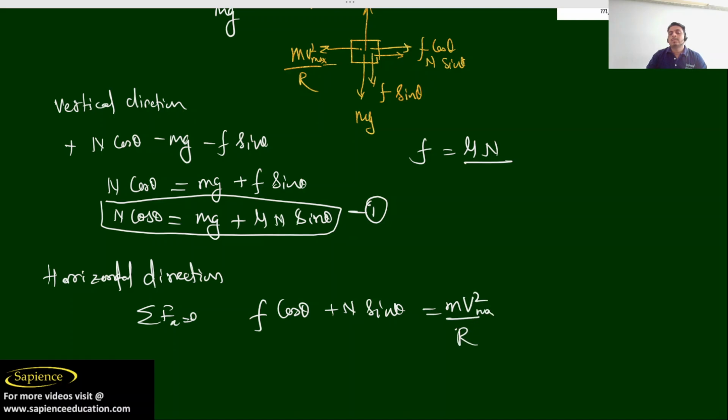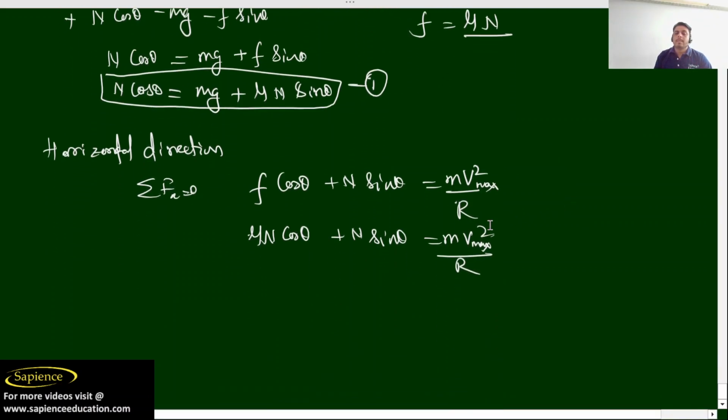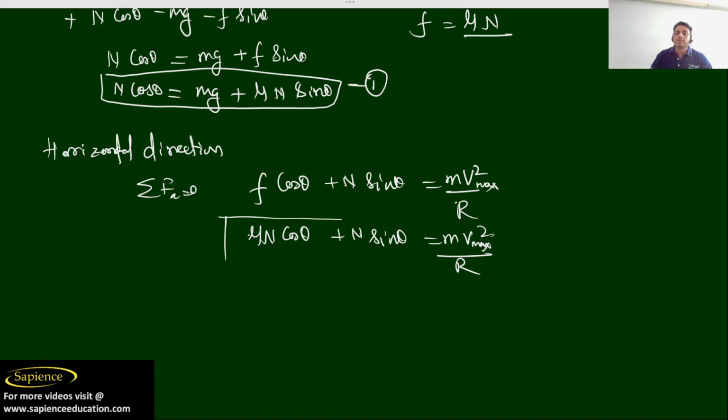So this is your maximum velocity. So put the values here. In case of friction force, it will be mu into N cos theta plus N sin theta, and this is equal to m v maximum square by r. Okay, so we have got two equations.